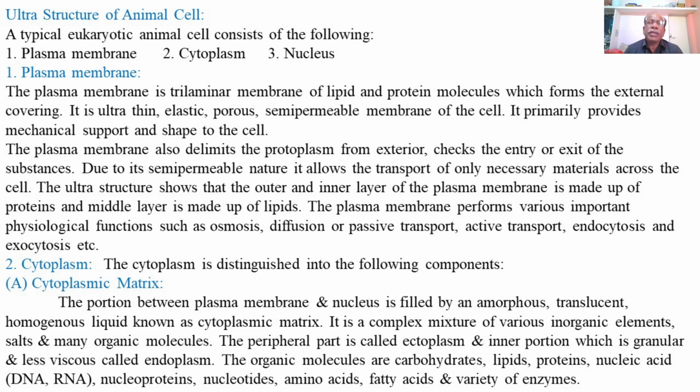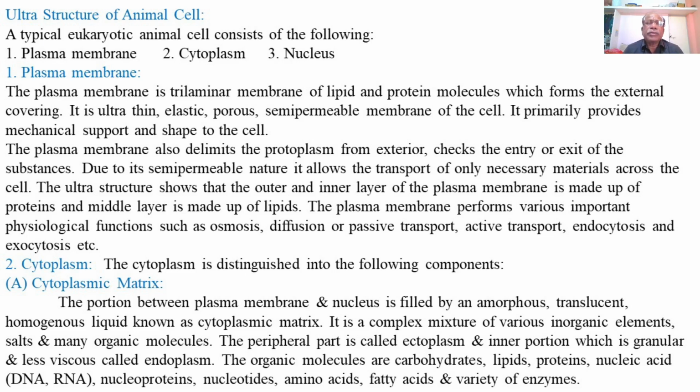The plasma membrane delimits the protoplasm from the exterior, enclosing it, and controls the entry or exit of various substances from cell to cell. Due to its semi-permeable nature, it allows the transport of only essential materials through the cell membrane.